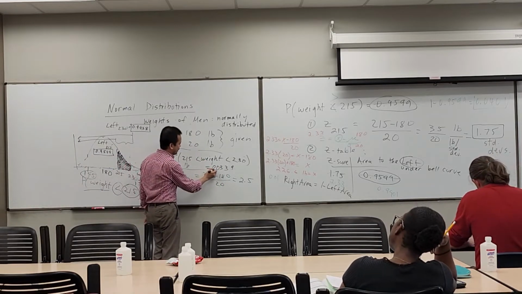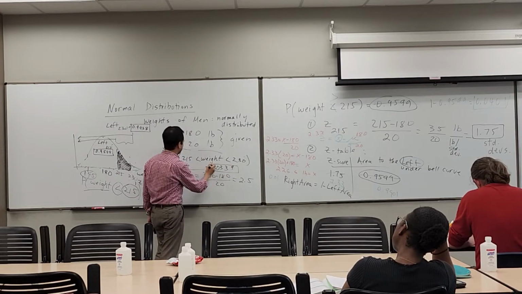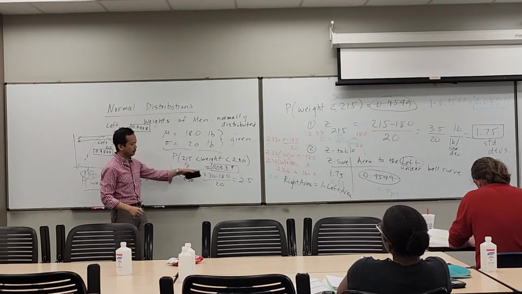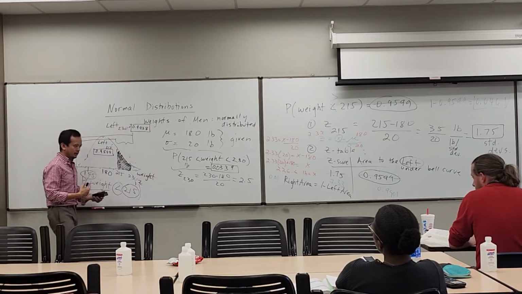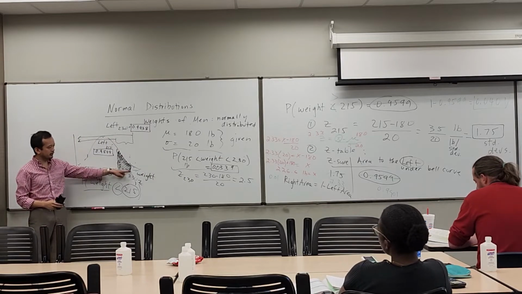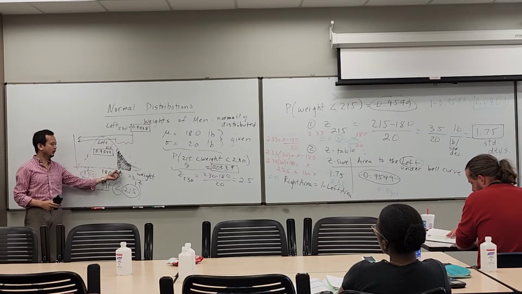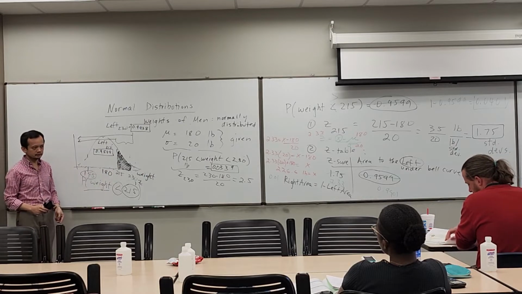So this means that the probability of a weight being between 215 and 230 is only 3% of the time. And we get this probability by calculating the area between this region under the bell curve.